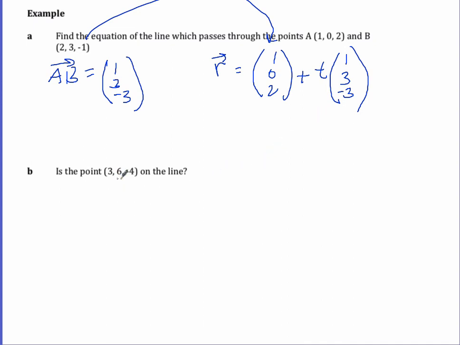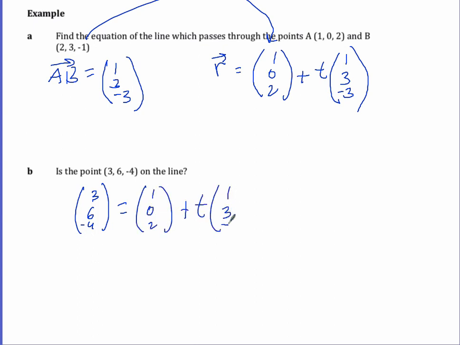Next is this point on the line. To check if the point is on the line, you can set it equal to this line and see if that actually works out. You could solve for the x components: 3 equals 1 plus 1t, so t equals 2. Then you can see if it matches the other two.